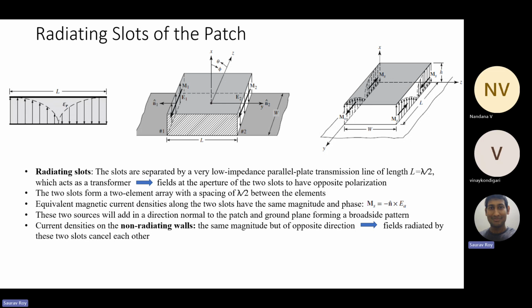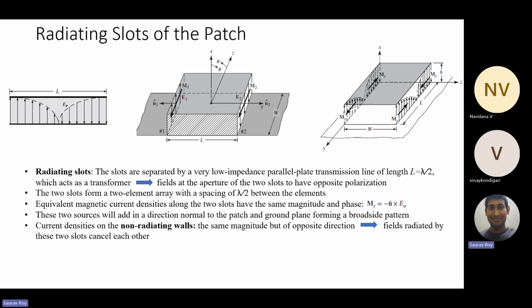And the same for radiating slot #1: n1 is the outer normal, and E1 is in the X direction. Here also, if you take minus n cross E1, M1 becomes in the same -z direction. So it is very simple; if you just see, you will understand. These 2 slots, M1 and M2, are in the same direction. So obviously, when they lead to radiation, they will be adding up in phase.